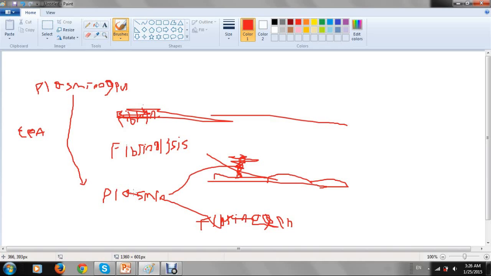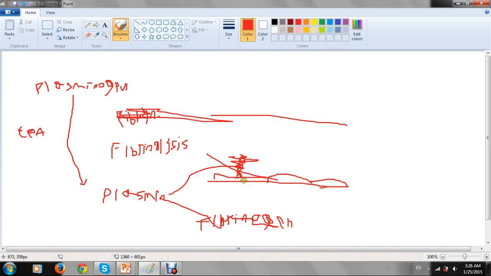And this is not the only way in which fibrinolysis occurs. There's another molecule released by endothelial cells themselves.